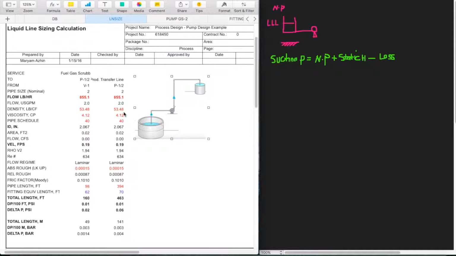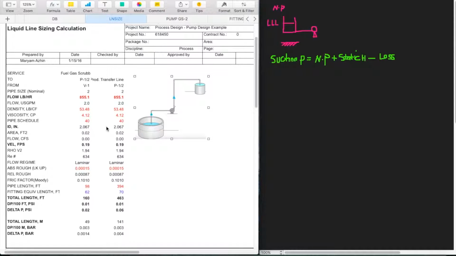So we are looking at the line which starts from the vessel and then goes to the pump. We know the pipe size, flow rate, density, viscosity, and pipe schedule as given data, also the pipe length. Based on the schedule and size of the pipe, we can find the inside diameter from the tables in the Crane book.